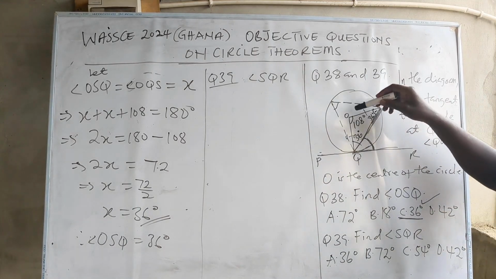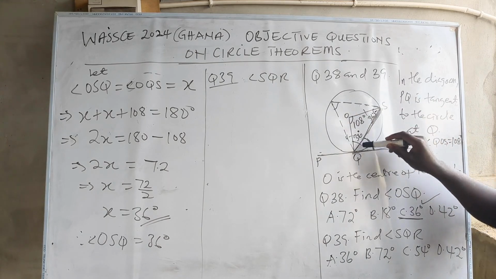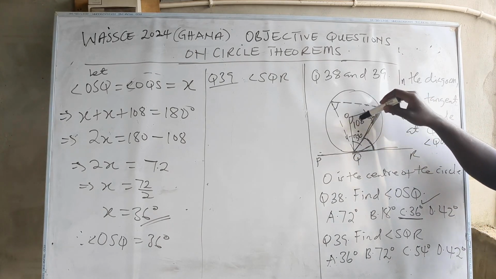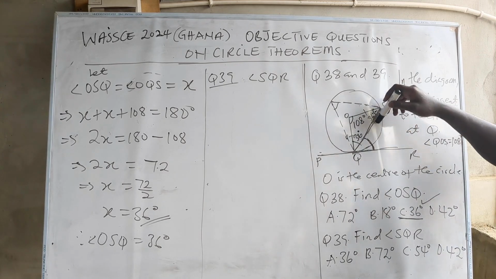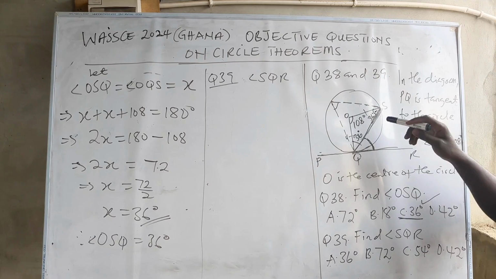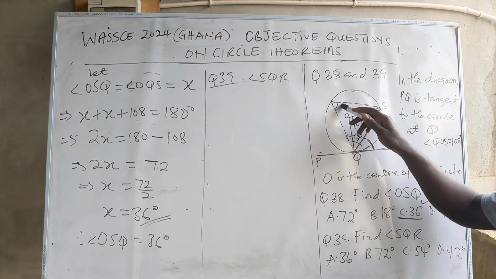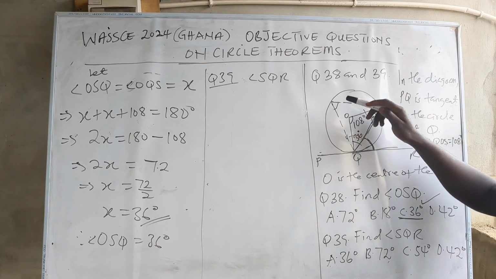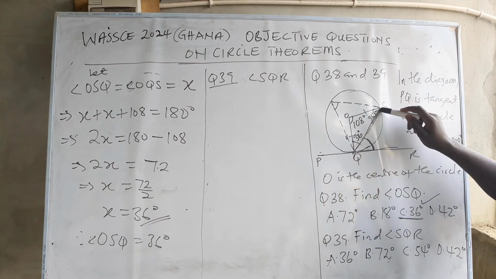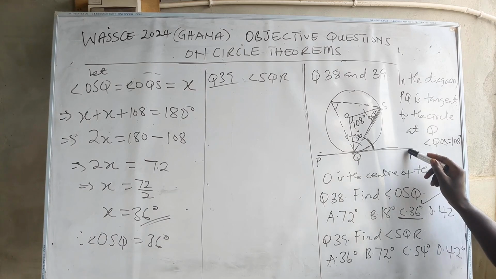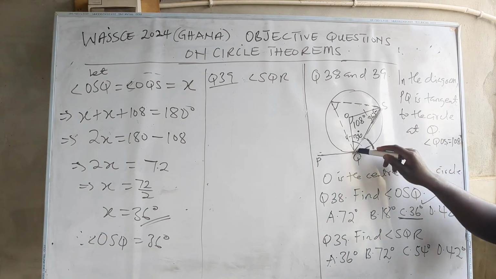And this is at the center. You see, they are from the same chord, and they have an angle subtending at the center as 108. We have the same chord subtending an angle at the circumference. So the one at the center is twice the one at the circumference, and the one at the circumference is the same as the angle between the chord here and this particular tangent.